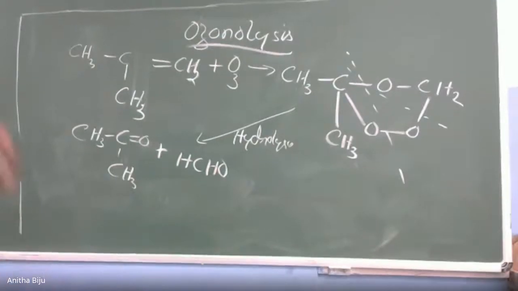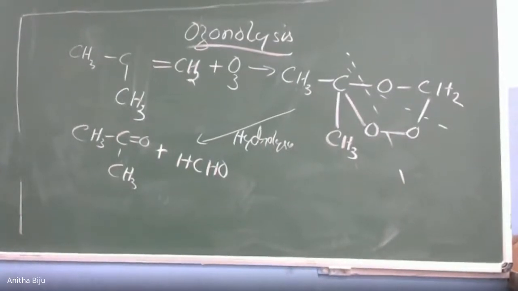You can write the reaction in this way. When a side chain alkene is treated with ozone, we get ozonide, which on subsequent hydrolysis results in a mixture of aldehyde and ketone. So this is also considered a method of preparation of aldehydes and ketones together.